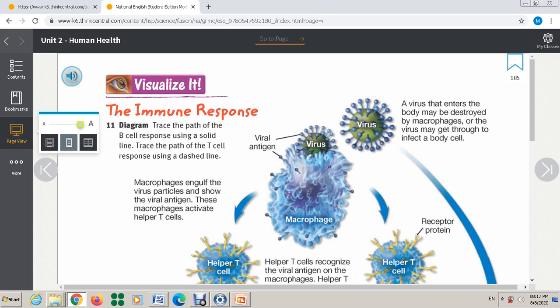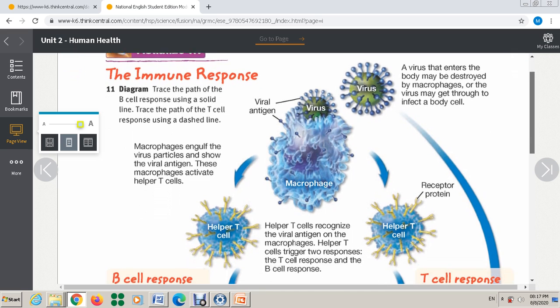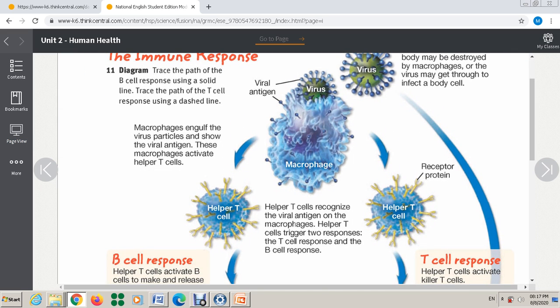Look here, the antigen is shown on the body of the macrophage, as you see. Now what's going to happen? After they engulf, these macrophages activate other white blood cells. Here you have the helper T cells, which will be activated by the macrophages.